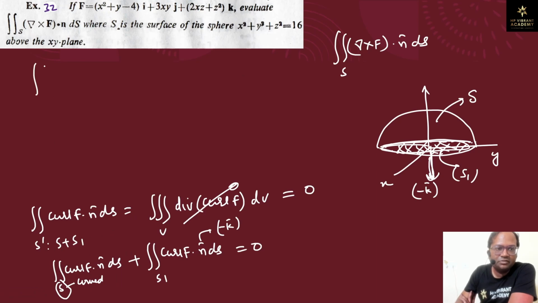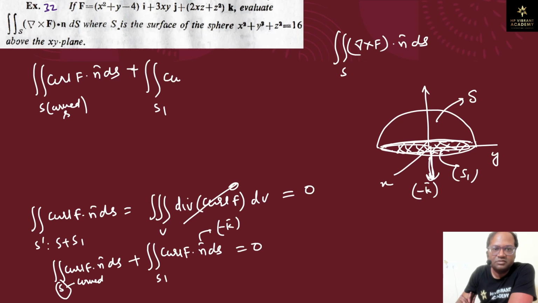We have curl of f dot n cap ds along the curved surface S, plus, with n cap as minus k cap, the integral over S1 of curl of f dot minus k cap ds, is equal to 0.